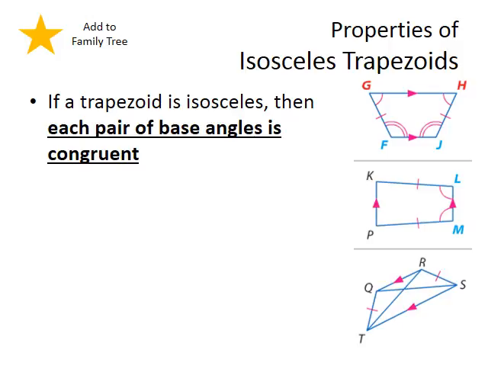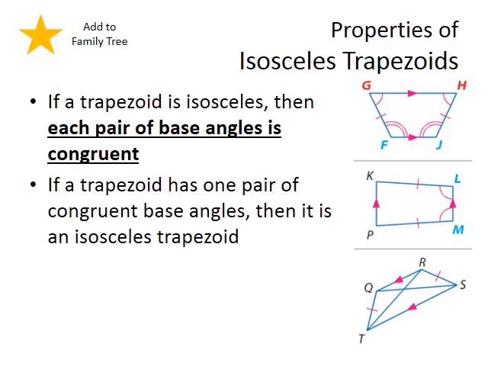If you know it's isosceles, then you know each pair of the base angles are going to be equal angles, and that's shown in that top picture there. Another property, if a trapezoid has one pair of congruent base angles, then it is an isosceles trapezoid. That follows from this first property, so we don't really need to add that into our family tree.